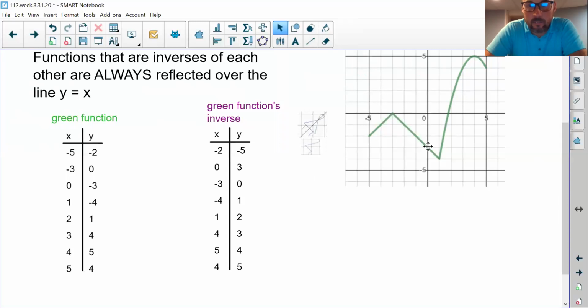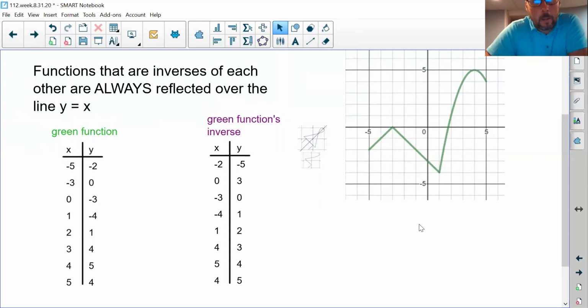I've got 0, -3, etc. To undo everything that the x produces is to essentially reverse the y's and the x's. So instead of -5, -2, I've got -2, -5. And instead of 1, -4, I've got -4, 1. So just the very fact of reversing the x's and the y's will produce an inverse relationship.